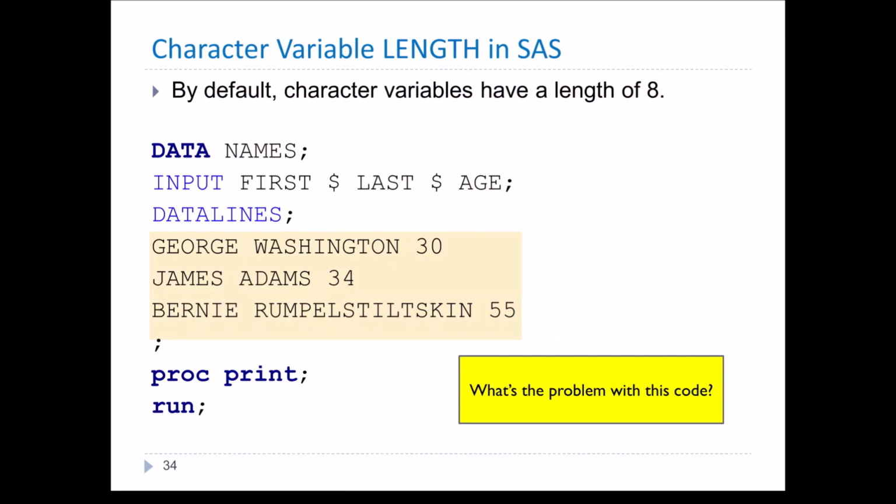Also, here's one where there's actually no particular error that you could see in this code, but there is a problem. As you might recall from earlier when we talked about the length of a character variable, the default length is 8. So when you have something like this, notice Rumpelstiltskin in particular is much longer than 8.